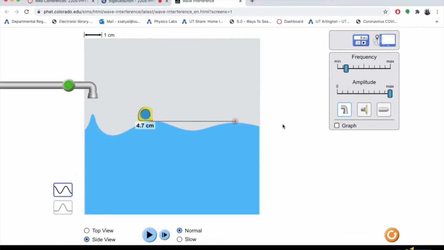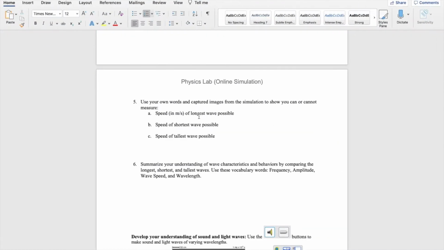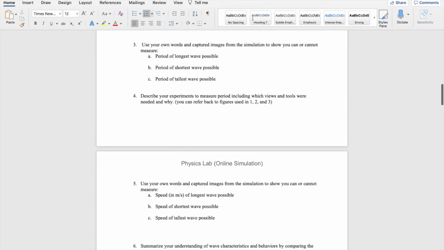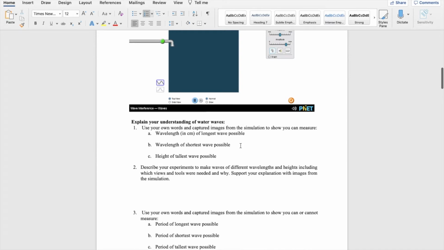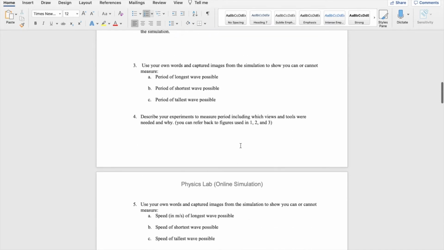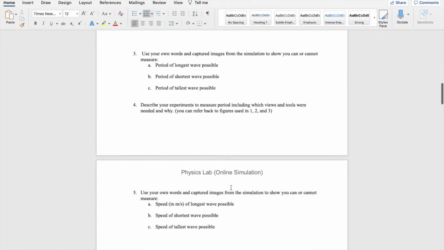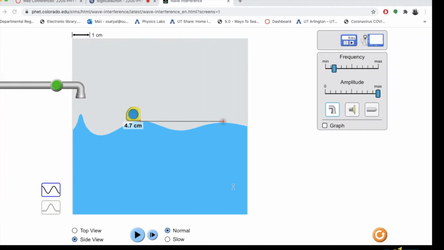And so in the question, you'll have to tell how you can have the longest wavelength, shortest wavelength, and so on, the period, and so on. Also, when you get to speed, calculate the speed of this wave, if you know the frequency and the wavelength.